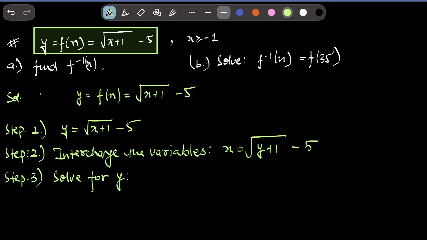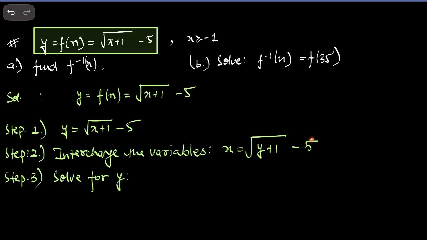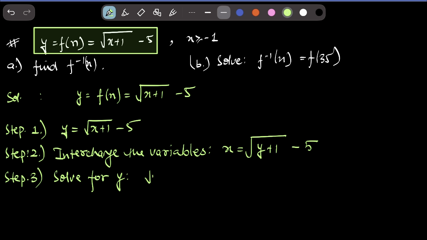So when I try to make y the subject again, I will bring this minus 5 to the left hand side. So I will get root of y plus 1 equals x plus 5. In the next step, I will square both the sides. So I will get y plus 1 equals (x plus 5) whole square.